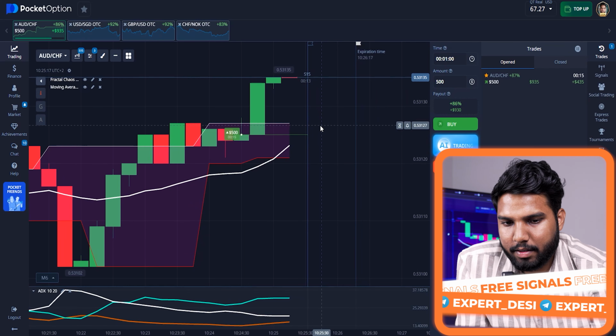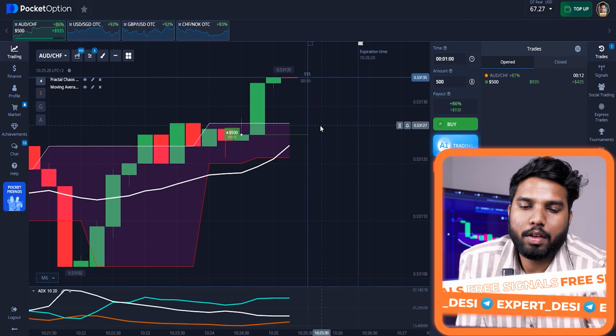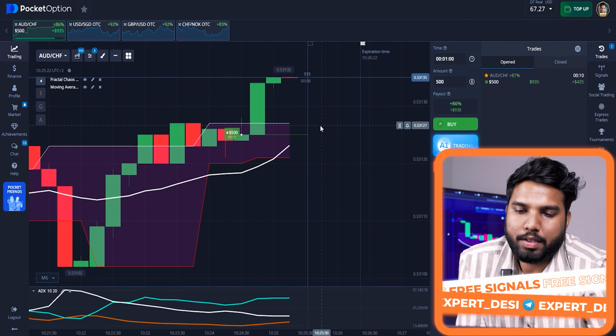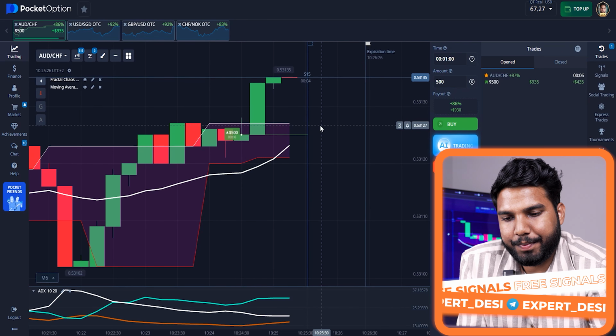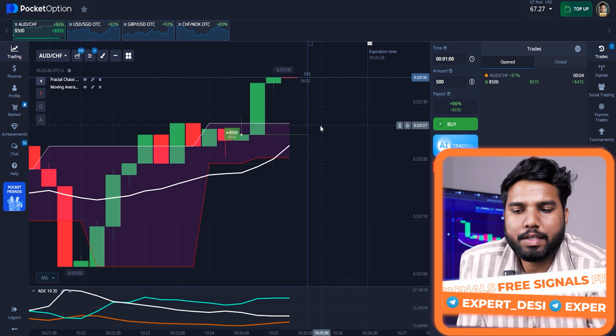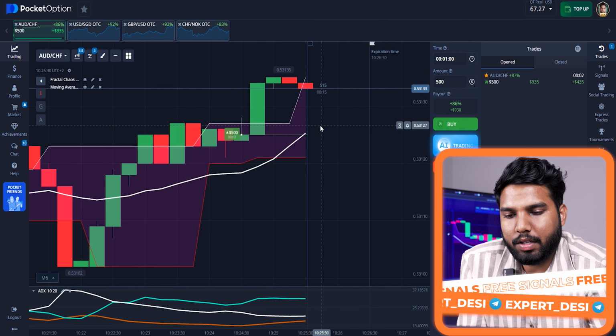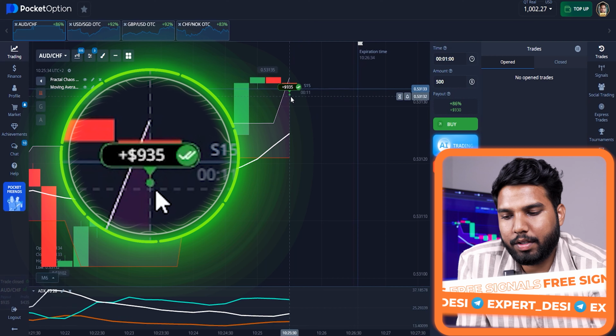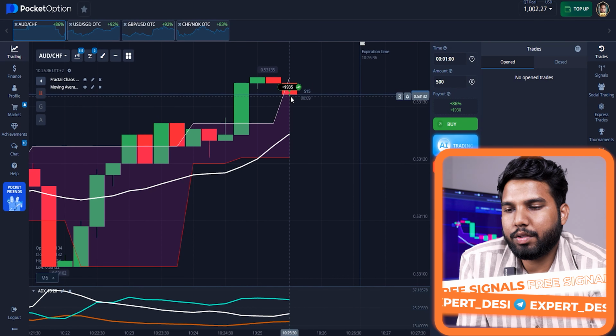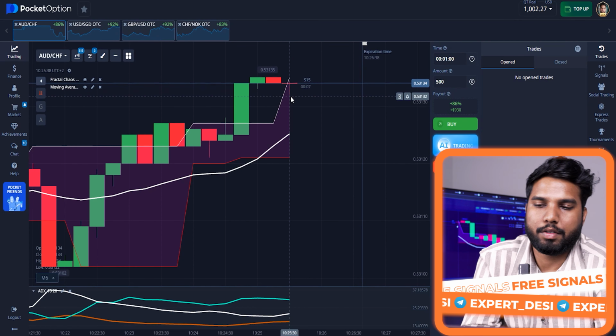So in this case, it shows that the market is going up and the market is bullish, and you can place a trade in buy position. 5 more seconds left. Let's see the result. And yeah, we have $935 of profit from this trade and a total of almost $1,000.